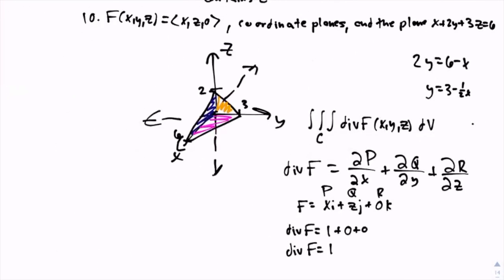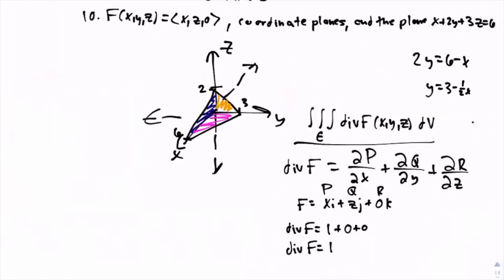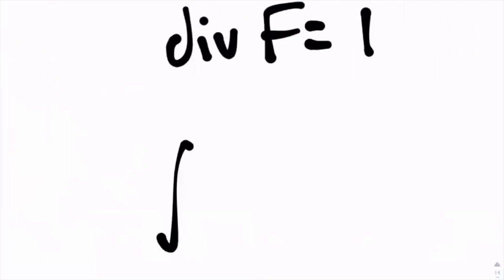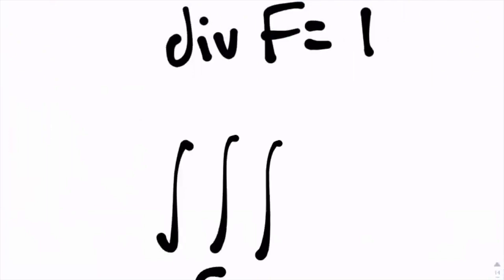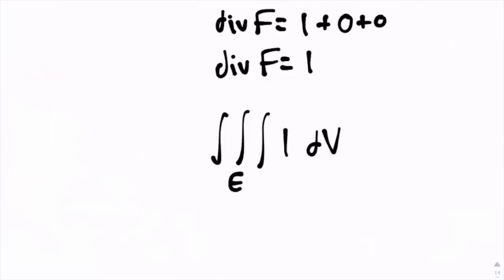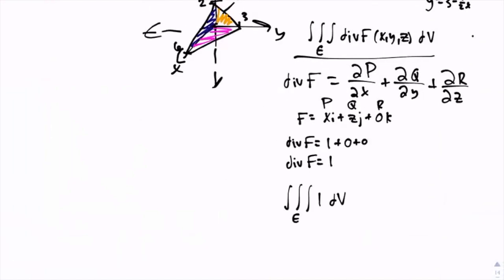And looking at our integral right here for E, we see that that makes it a lot easier, as all we need to do is over this region of the tetrahedron, we just need to integrate the volume, or dV, or basically just find the volume of this tetrahedron.